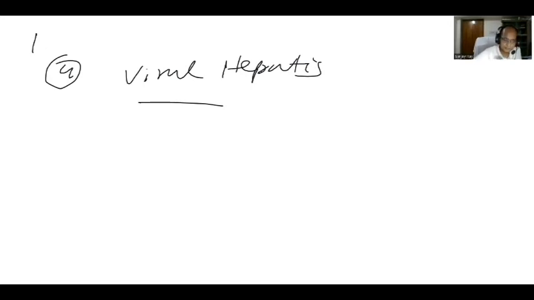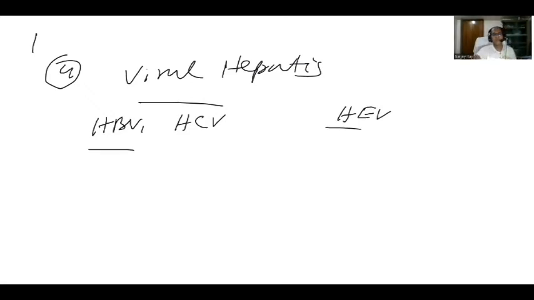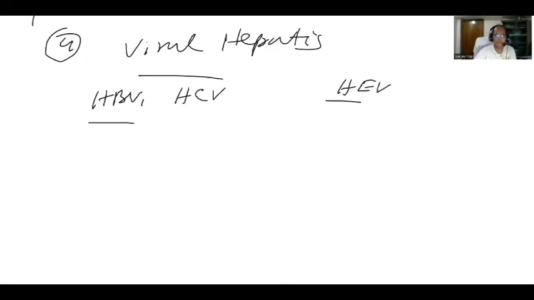During pregnancy, 4 viruses are important: hepatitis A virus, hepatitis B virus, hepatitis C virus, and hepatitis E virus. At first, hepatitis B virus. Mind it, the hepatitis B virus is very notorious, and there is a 90% chance of vertical transmission from mother to child.